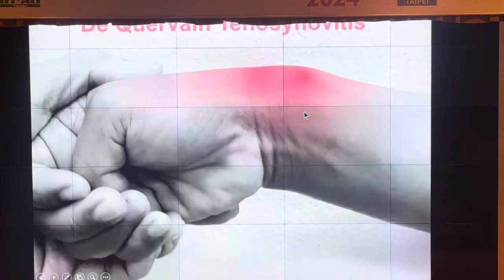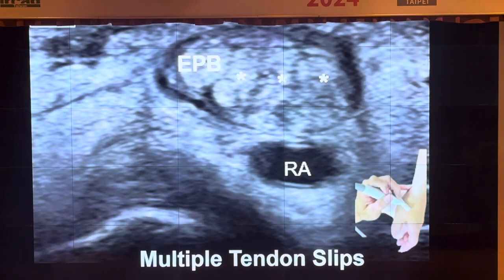So just like I mentioned before, the most prevalent pathology over the wrist region is the de Quervain tenosynovitis, which involves the tendon inside the first compartment. If we use ultrasound to examine this area, the most common variant that leads to de Quervain disease is the multiple tendon slip.